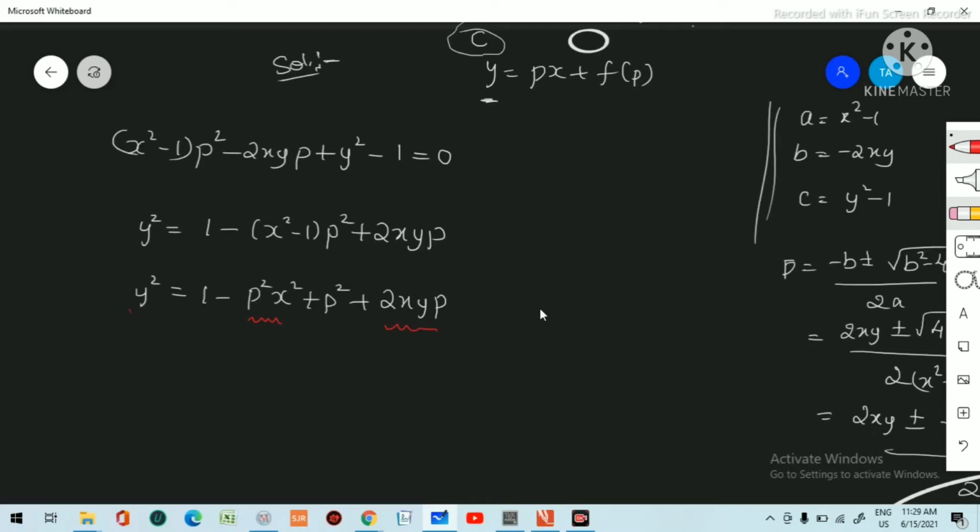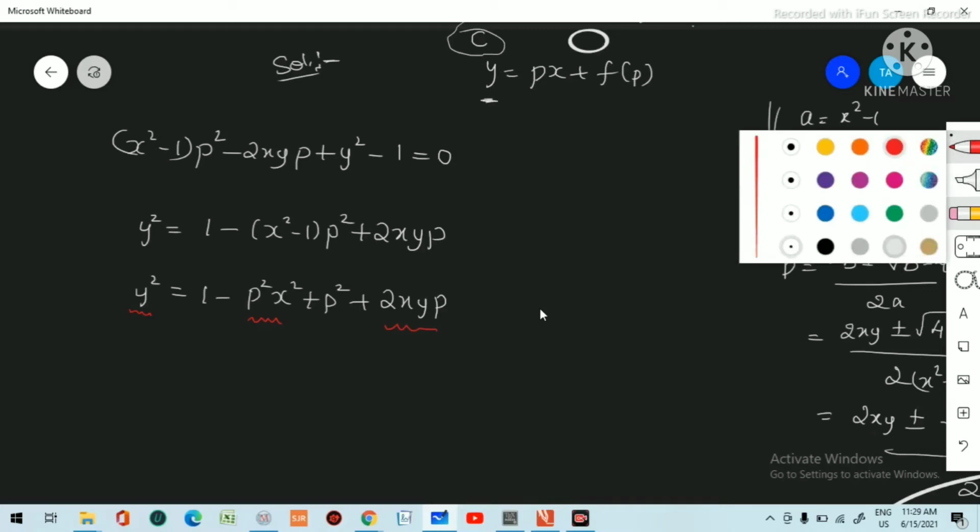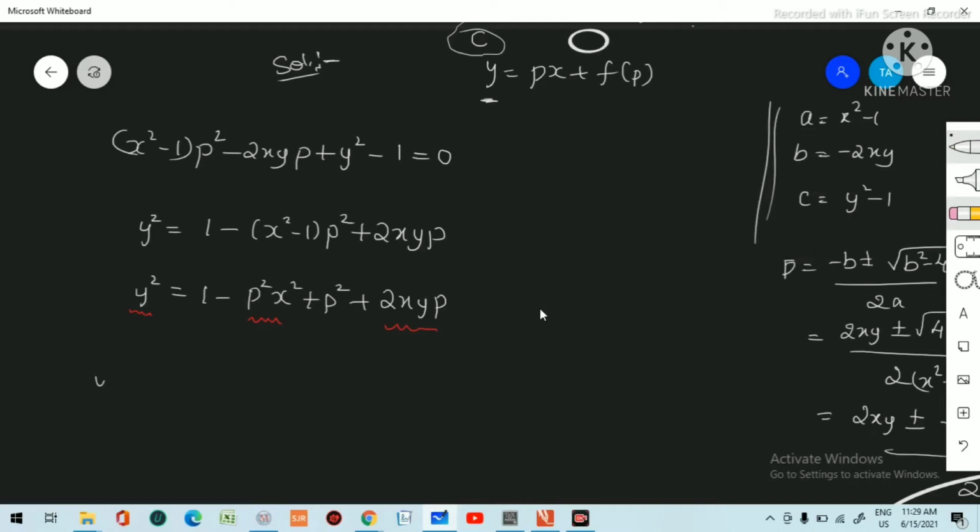Bring all together on the left hand side, and leave the rest of the terms on the right hand side. So what do I get now? y square plus p square x square minus 2xyp is equal to 1 plus p square.